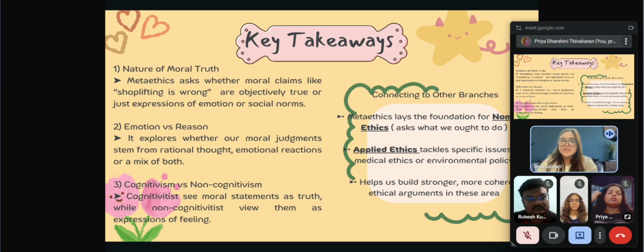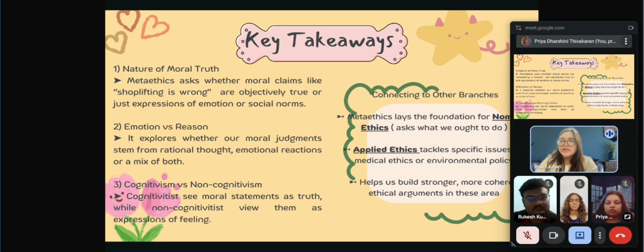Emotion versus reason explores whether our moral judgments stem from rational thought, emotional reactions, or a mix of both. Cognitivists see moral statements as truth, while non-cognitivists see them as expressions of feeling.